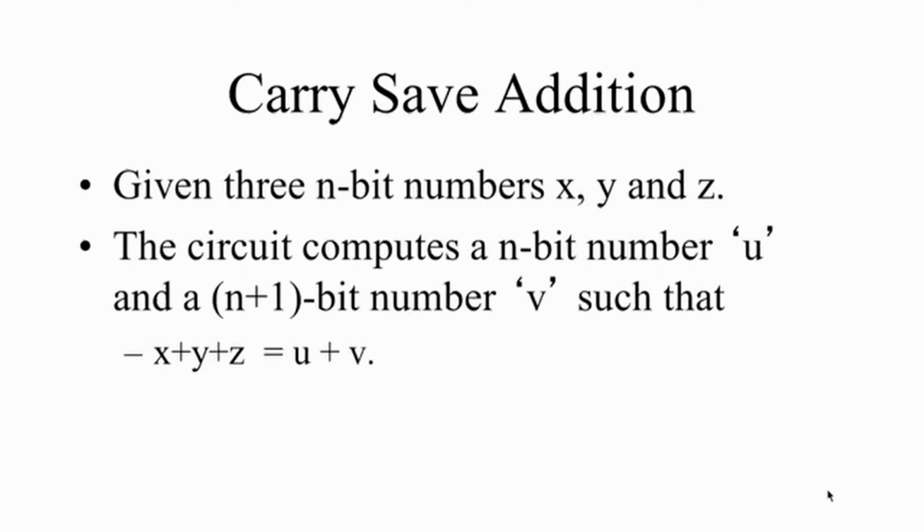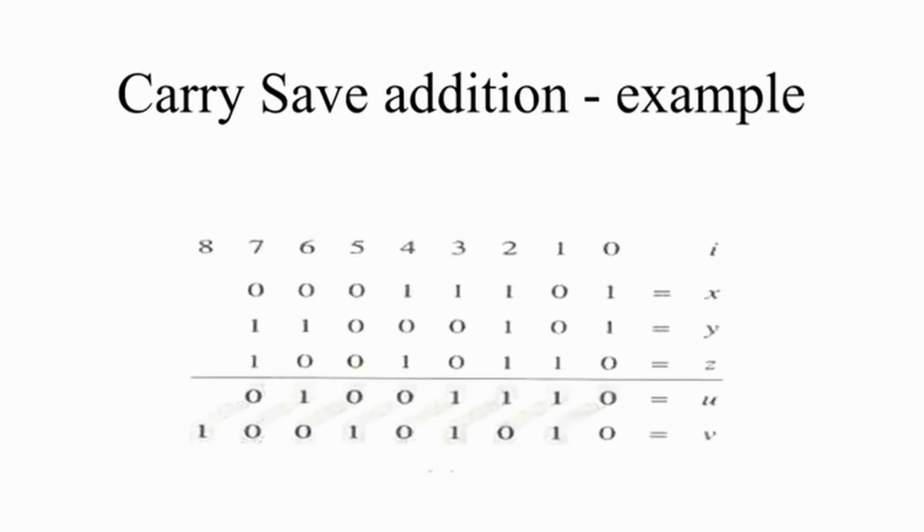Fine? Okay, now I will formally tell you how carry save addition works. Given 3 n-bit numbers x, y and z, the circuit computes an n-bit number u and an n plus 1 bit number v such that x plus y plus z equals u plus v, and that is what we had seen here. So this is x, which is an n-bit number, 8-bit number, and this is y, which is also another 8-bit number, this is z, which is also another 8-bit number.